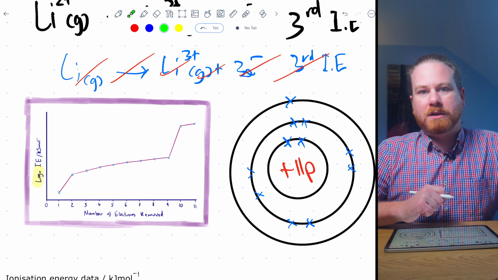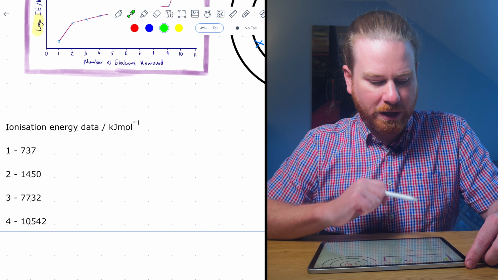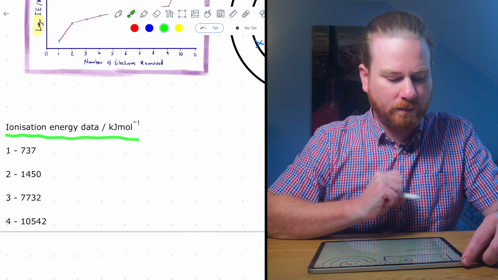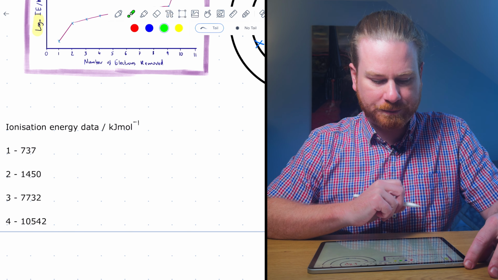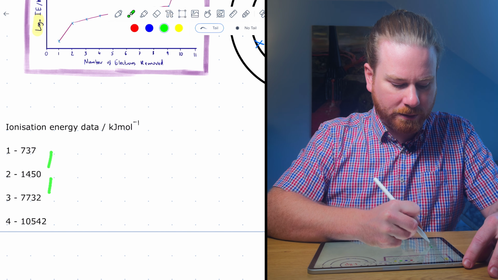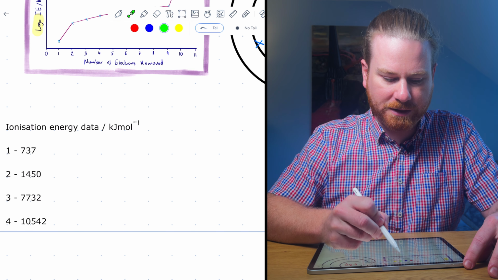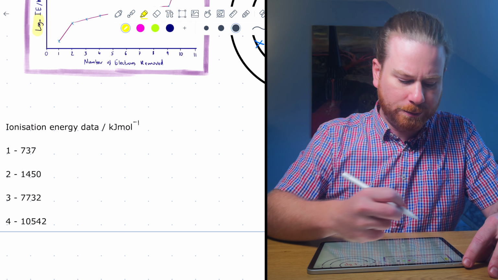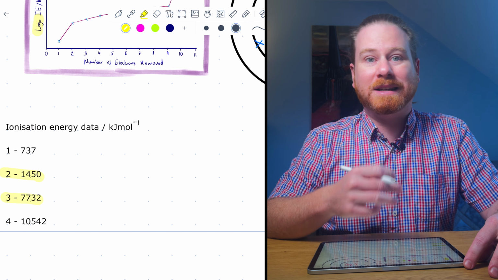So let us look at a data example. We've got some ionization energy data, and from this we can figure out what group the element is in. Again, we're comparing the gaps, and looking at which gap is the biggest. Between 2 and 3, that is the biggest gap.